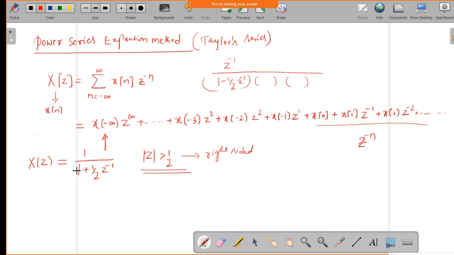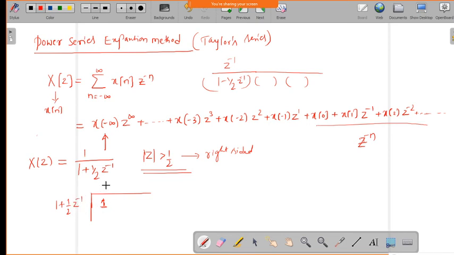First divide this numerator by this denominator, so that we can express the polynomial in negative powers of z. So we'll do the division method: take the numerator 1, and the denominator 1 plus half z inverse.